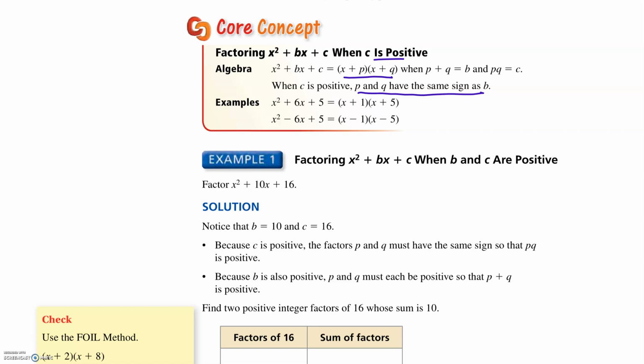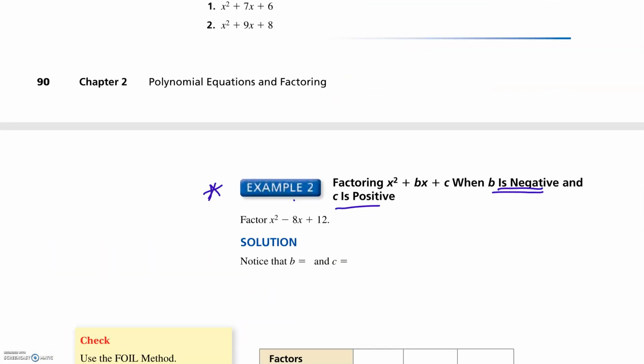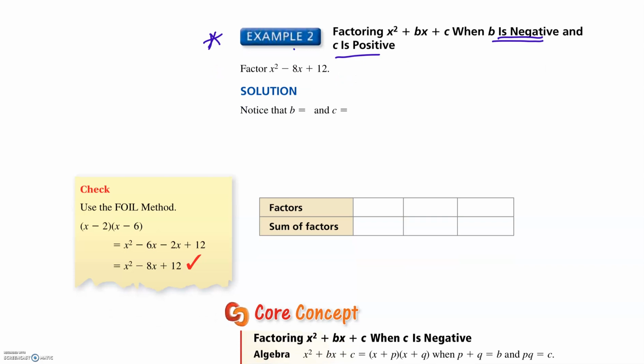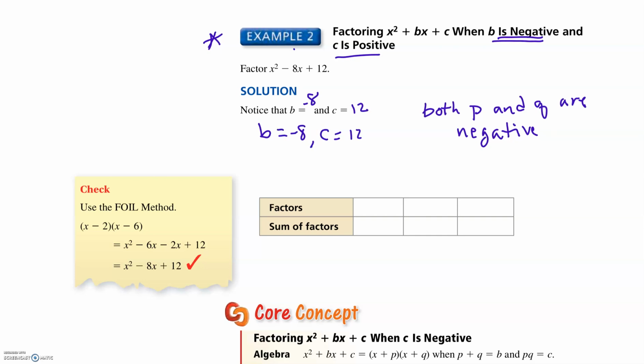So if c is positive and b is negative, since b is negative 8 and c is positive 12, both p and q have to be negative. So since b is negative 8, they didn't really leave me any room here, so I'm going to write it down here. B is negative 8, C is 12. Both P and Q have to be negative.